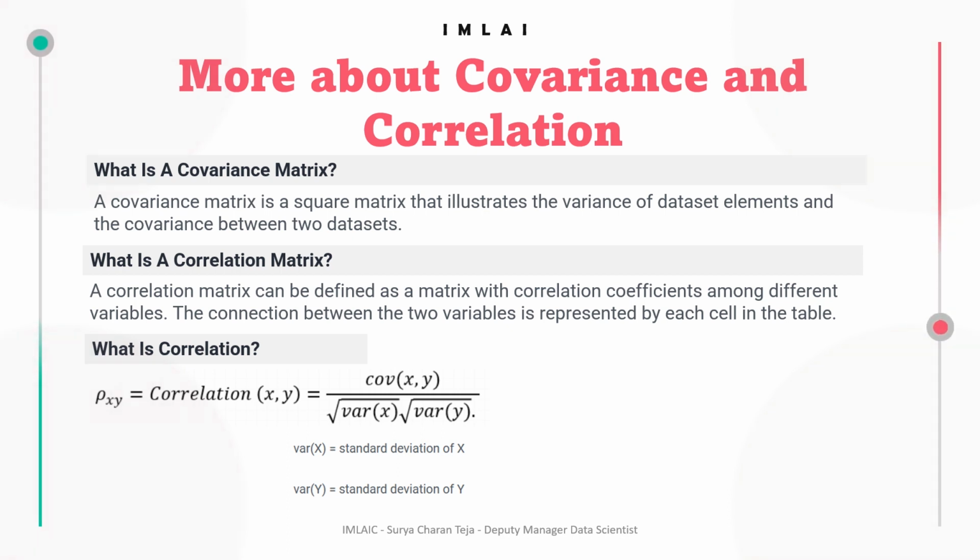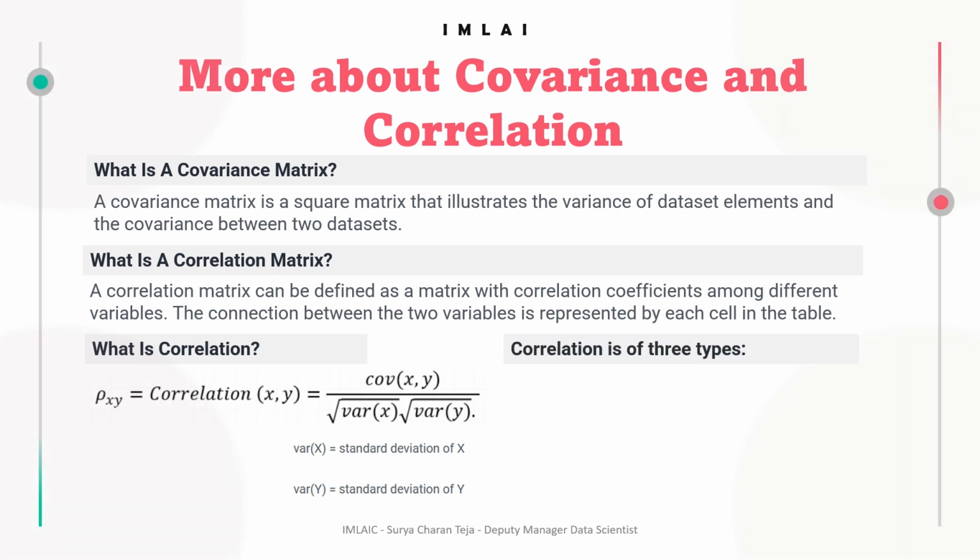This is another way of calculation. Positive correlation occurs when two variables move in the same direction. When variables move in the opposite direction, they are said to be negatively correlated.